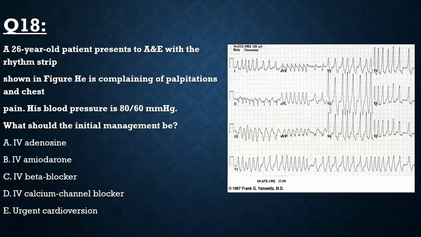Yes, it is a wide QRS complex tachycardia with variable degrees of widening of the QRS complex. Yes, and there is a completely irregular rhythm. So VT is out. Usually the VT rhythm is regular.